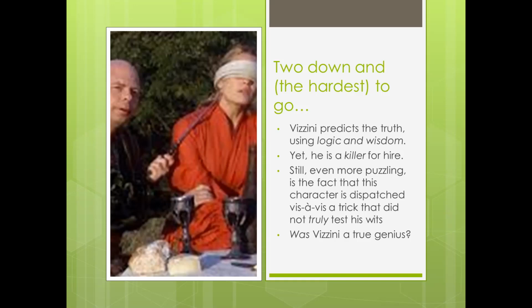If the iocane powder had not dispatched him, I'm not sure that he would have died. I'm not sure that the man in black could have outsmarted him. And he had Buttercup in a very precarious position. So he could have dispatched her before the man in black was able to trick him.